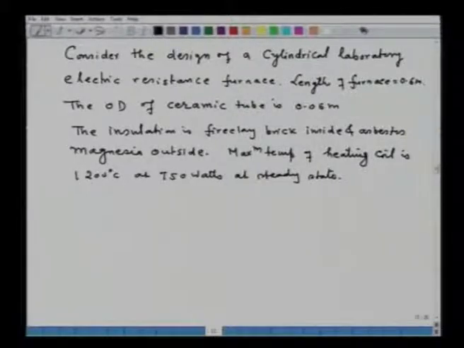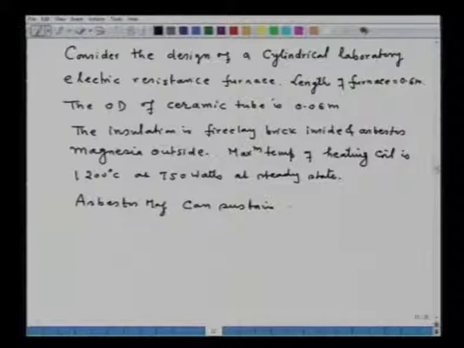Now, it is also given that asbestos magnesia can sustain a maximum temperature equal to 850 degrees Celsius.